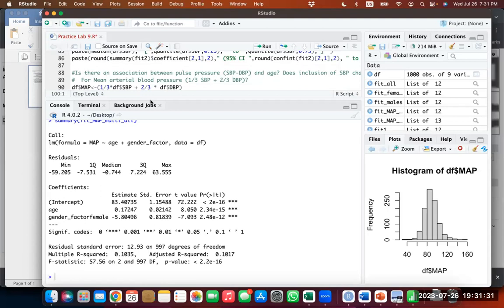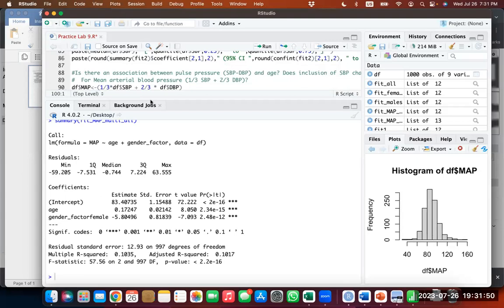So this is SST minus SSR is SSE. That's the rest error. That's this guy. On 997 degrees of freedom, because we have three parameters: intercept, age, and gender. So this is 1,000 minus 3 is 997.